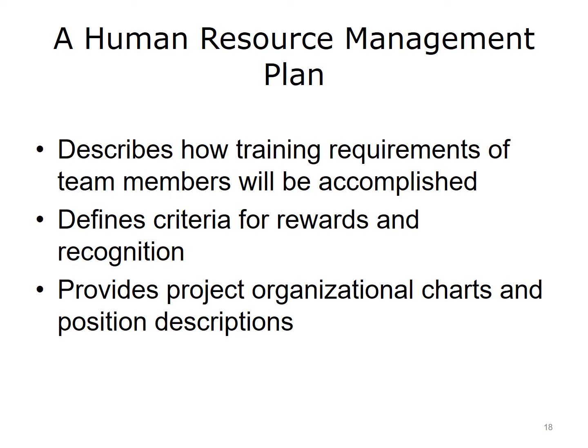A Human Resource Management Plan describes how training requirements of team members will be accomplished, defines criteria for rewards and recognition, provides project organizational charts and position descriptions, which is an organizational breakdown structure that diagrams the project team members' reporting relationships.